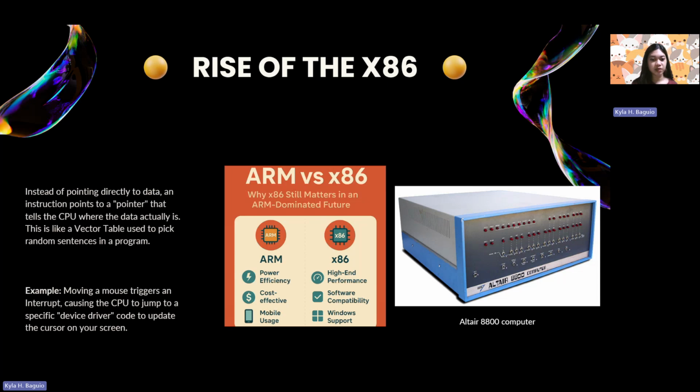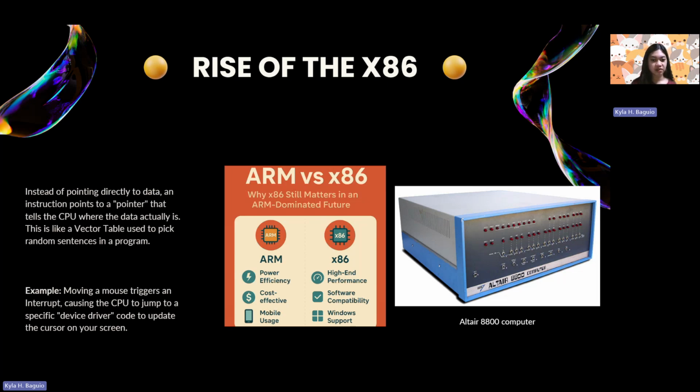This allowed for the birth of subroutines, the ability for a CPU to pause a main program, jump into a mini program to handle a specific task, and then go back to its exact previous location without losing its place.